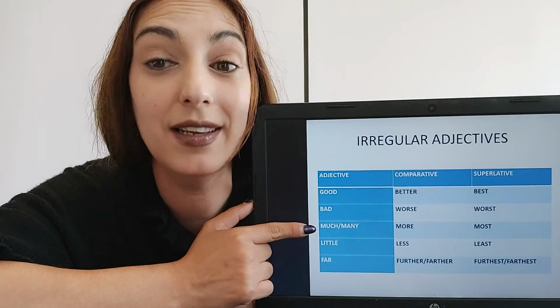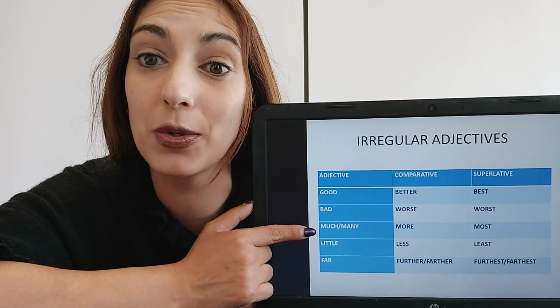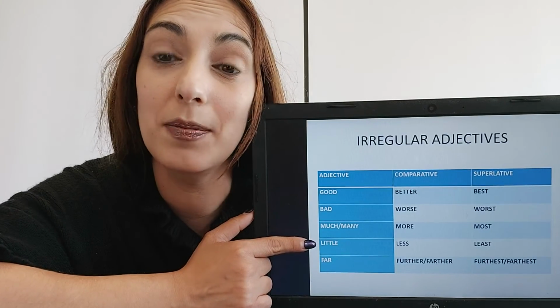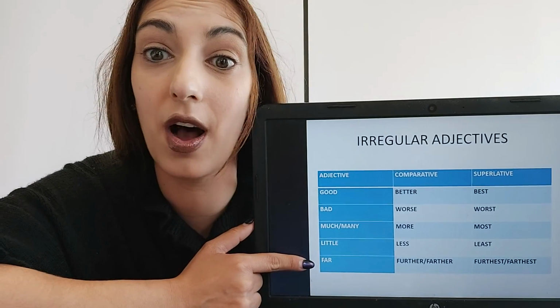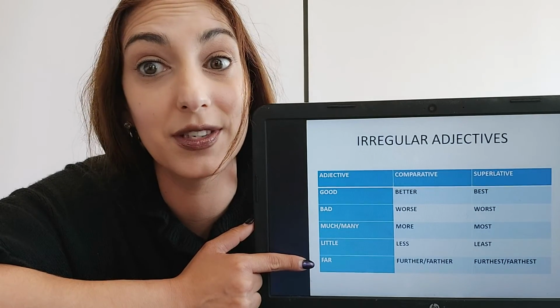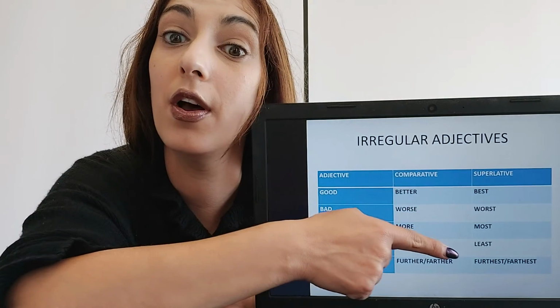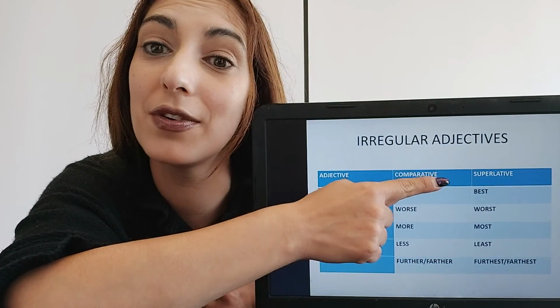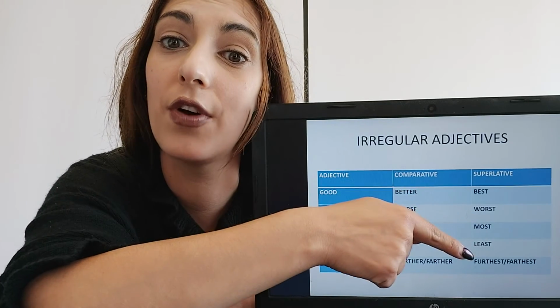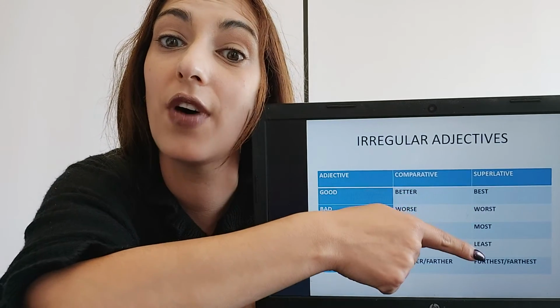Much or many become more or most. Little becomes less, least. And far has 2 options, farther or further for comparative, and furthest or farthest for superlative. So further, furthest, farther, farthest.